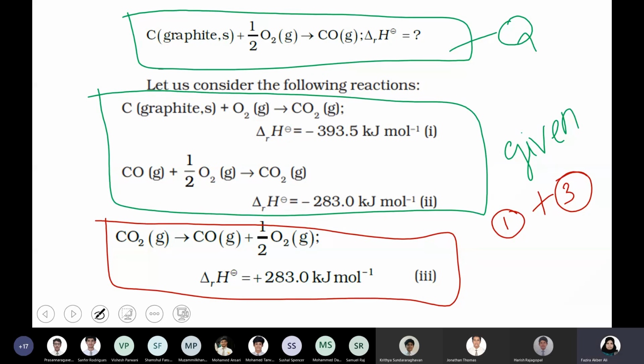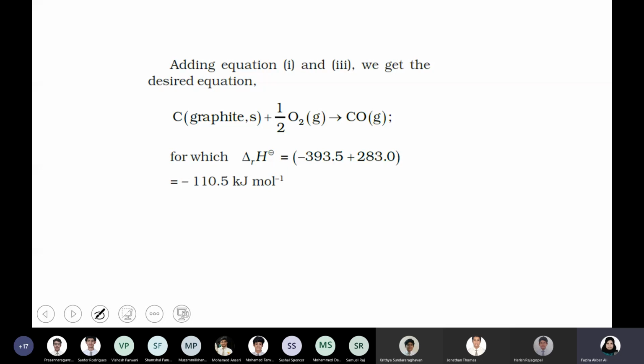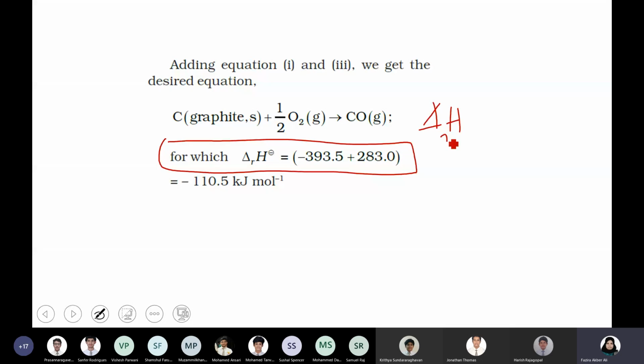If you're done, then you will be getting an equation like this. So when you're adding the equations, similarly, you have to add the enthalpy values as well. So the final value of delta HR will be equal to minus 110.5 kilojoule per mole.